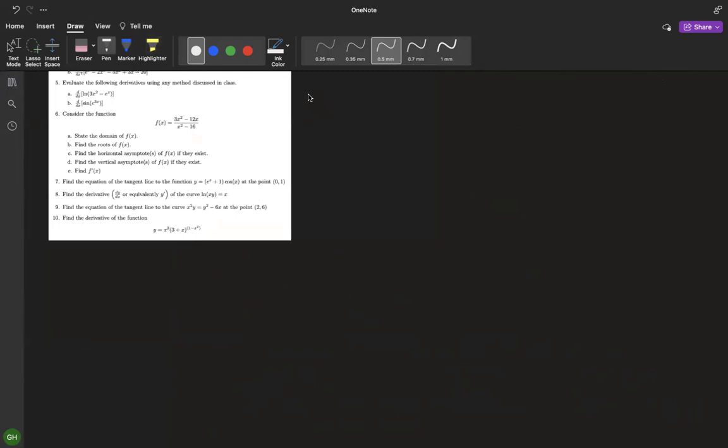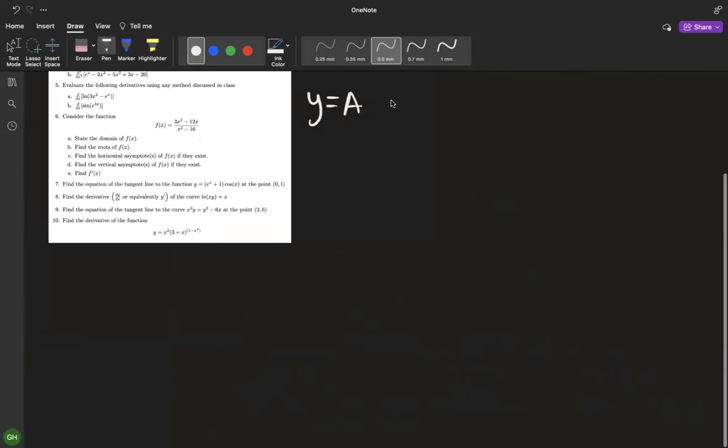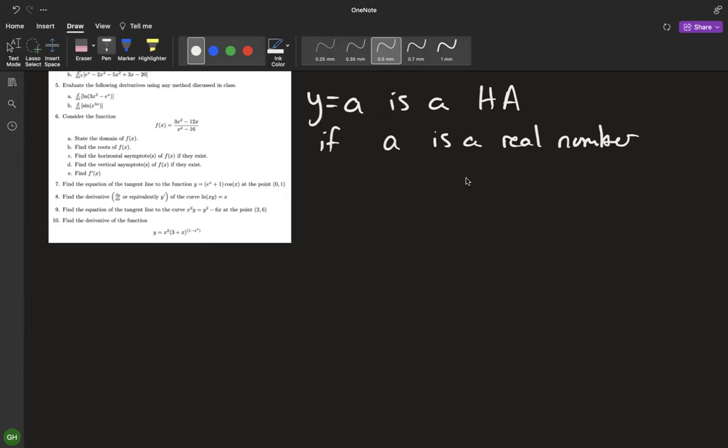So remember, y equals a is a horizontal asymptote, I'm going to use lowercase a, if a is a real number and the limit as x goes to either plus or minus infinity of f of x equals a. So if we take a limit as x goes to infinity and we get a real number, that real number is a horizontal asymptote.